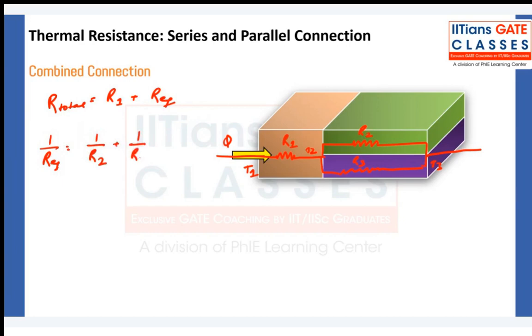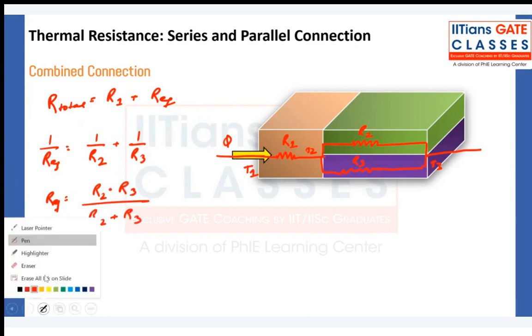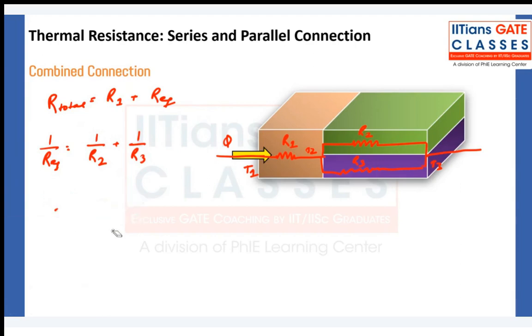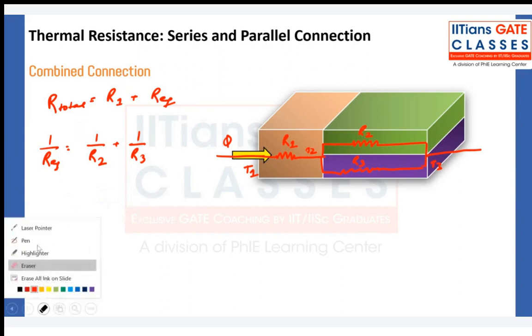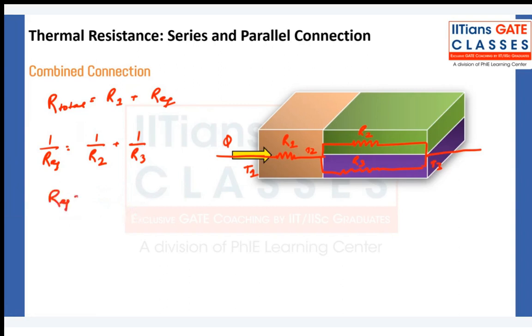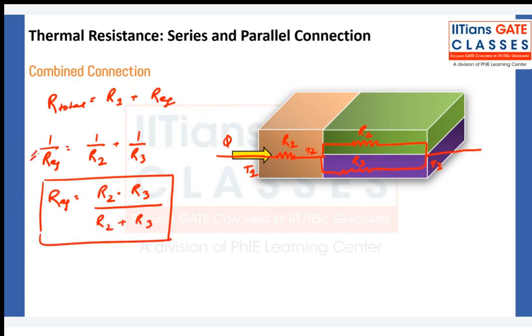So R equivalent you can write as R2 into R3 by R2 plus R3. Is it clear? Is it clear?